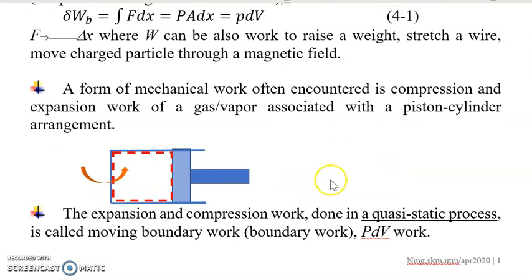Now, the expansion and compression work done in a quasi-static process is called moving boundary work, or just boundary work, or PdV work. You remember in the first module, what is a quasi-static process? It's when the change in properties of the system during the process is negligible.